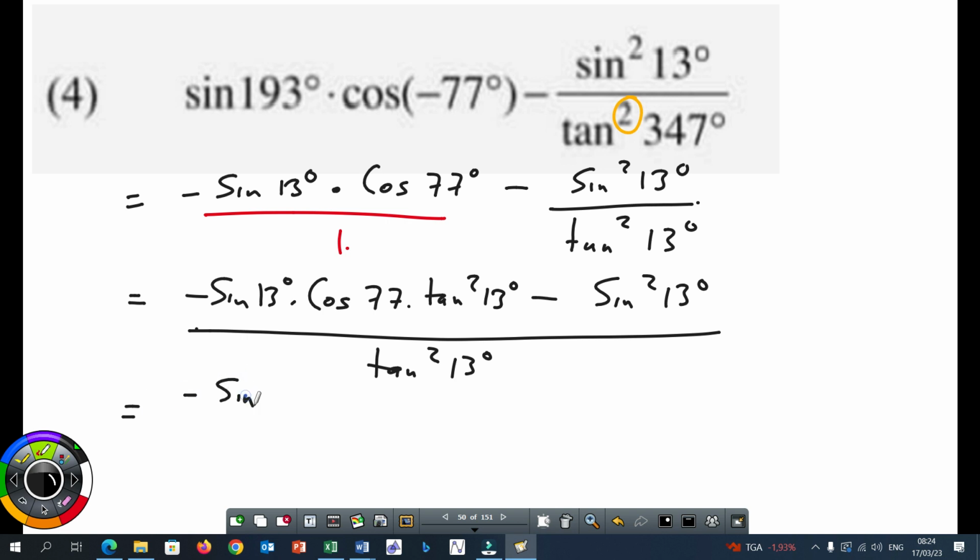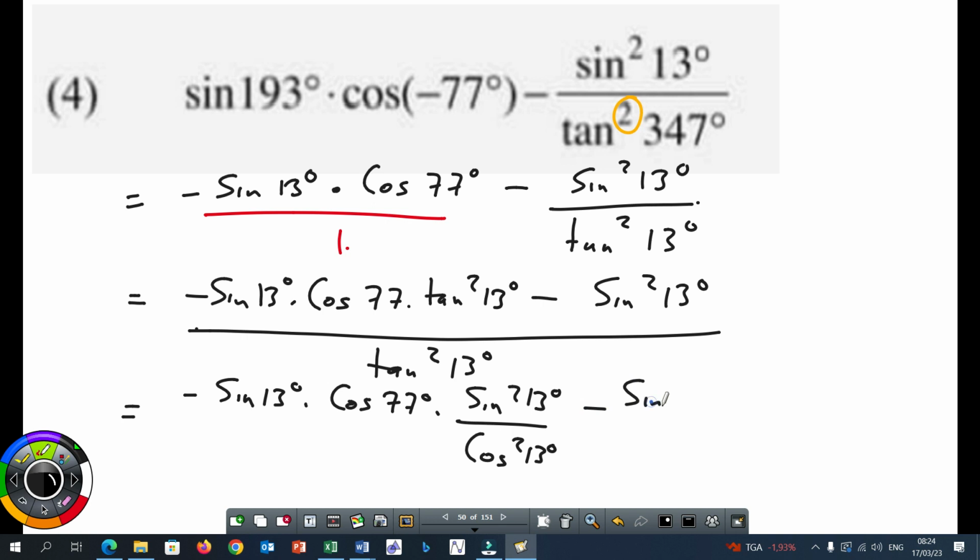So this will be minus sine 13 degrees times cos 77 times sine squared 13 degrees divided by cos squared 13 degrees minus sine squared 13 degrees.